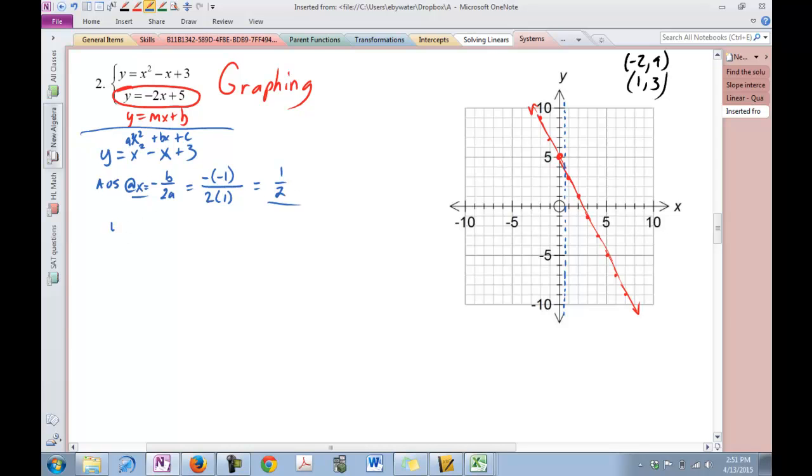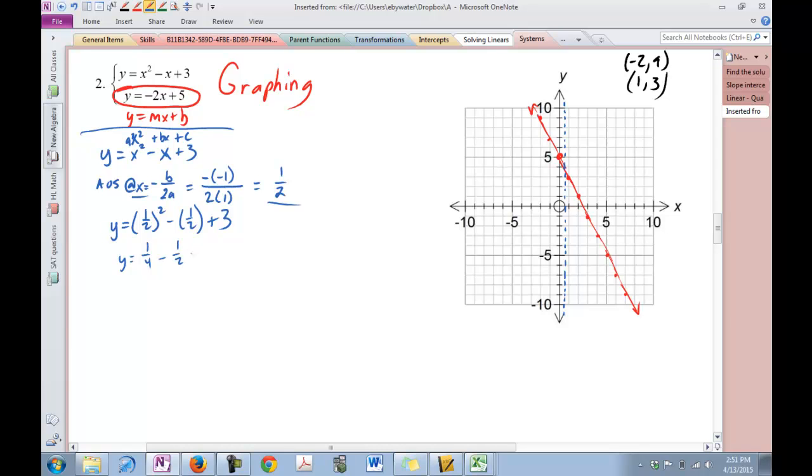So we're going to go back into our original equation. Y equals x squared minus x plus 3. And I'm okay with you punching that into a calculator if you want. I know 1/2 squared is 1/4 because 1/2 times 1/2 or half of a half is a quarter.